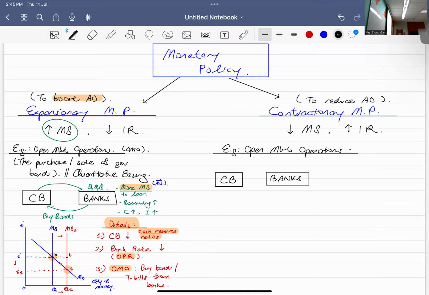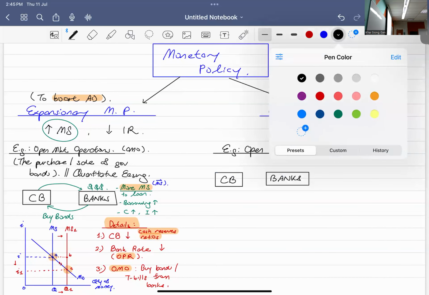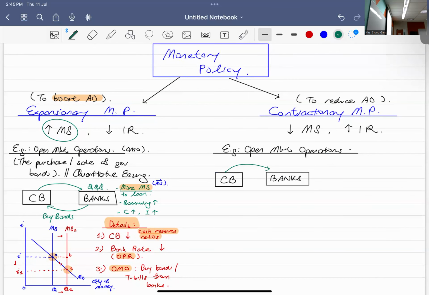The central bank can sell bonds, sell T-bills to the banks, and banks will give them money. So now banks will have less money, less money supply available to loan.